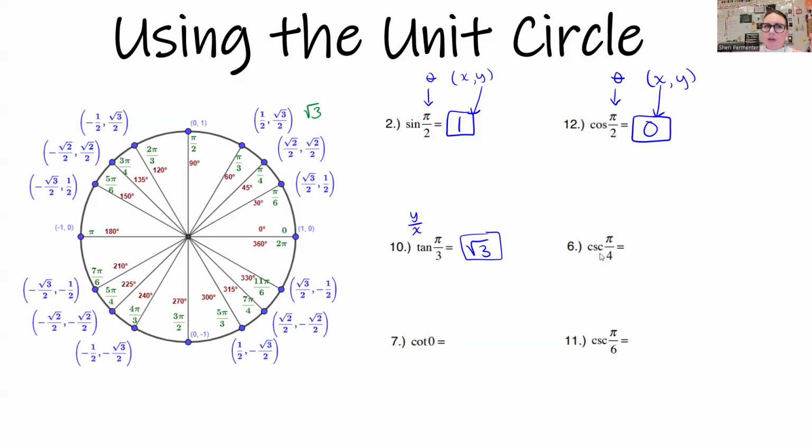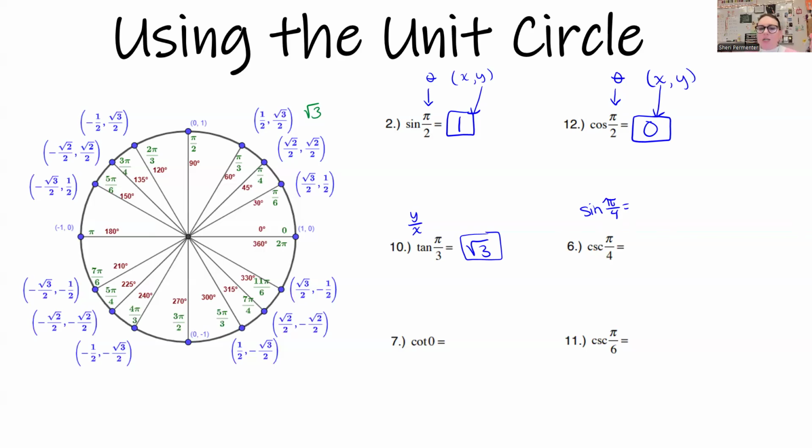Cosecant. Who does cosecant go with? Sine. So I'm going to go find sine of pi over 4. Let's go look for that. Oh, I remember that anything over 4 is going to be square root 2 over 2.